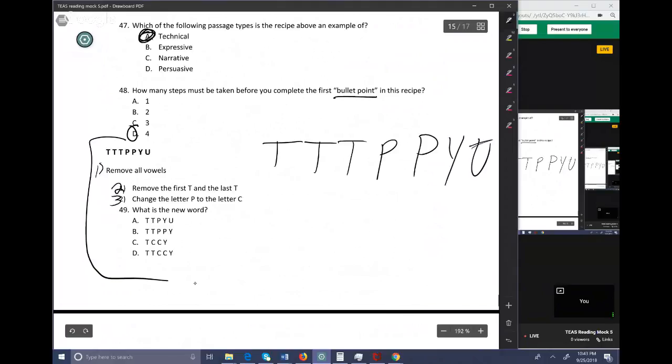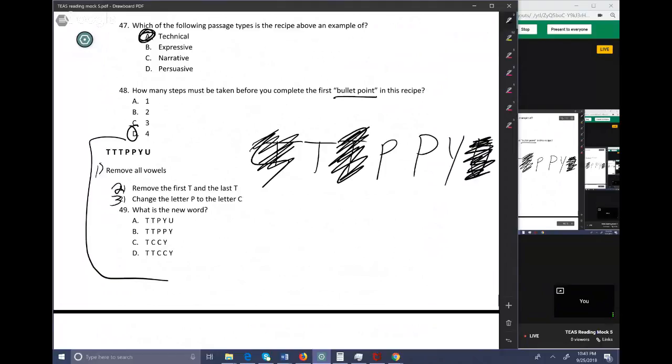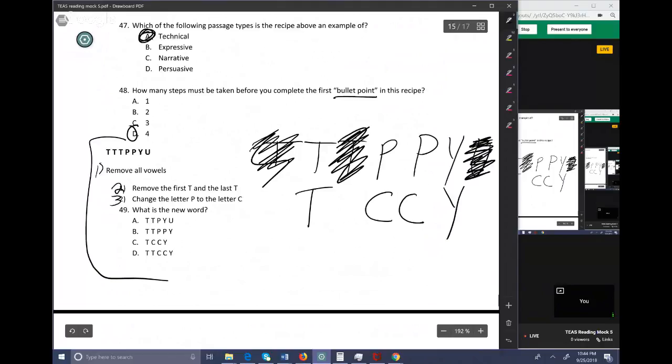So remove the vowels. There's only one vowel, which is U. Remove the first T and last T. Change the letter P to the letter C. So there's 2 of those. And then that's it. So bring down your other letters and you'll end up with choice C, TCCY.